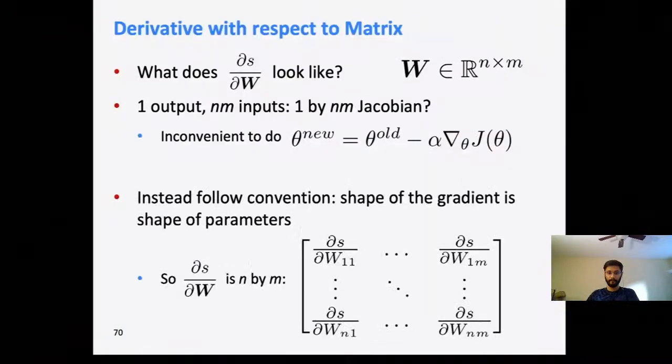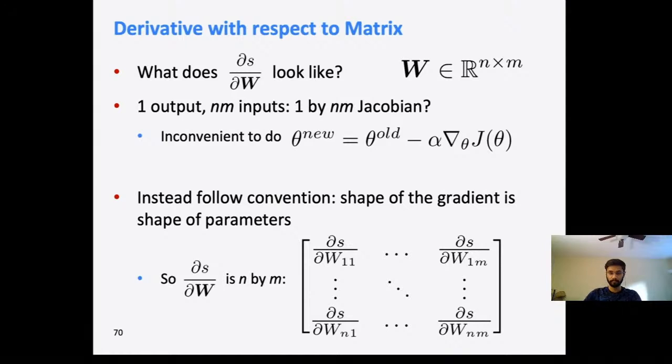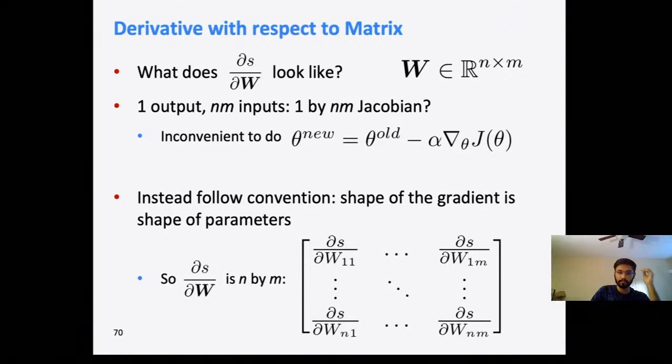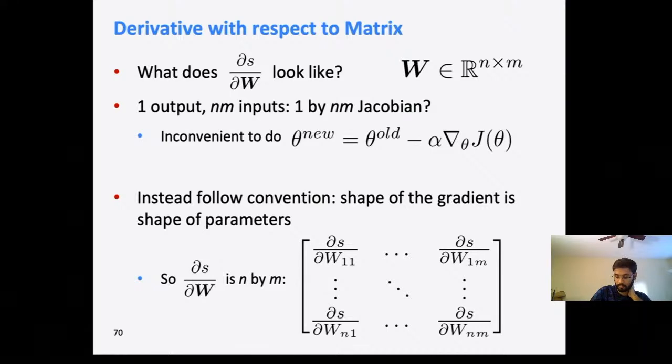In general, what you always want to do with neural nets is follow what we call the shape convention, where we represent the Jacobian in the same shape as the inputs. This is the bad part of doing matrix calculus.